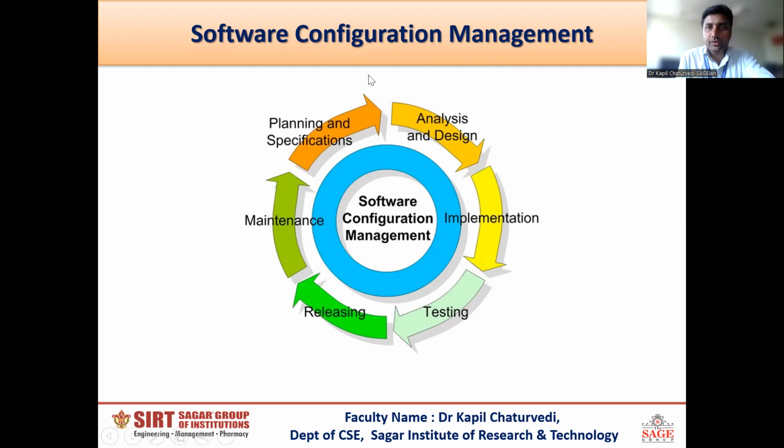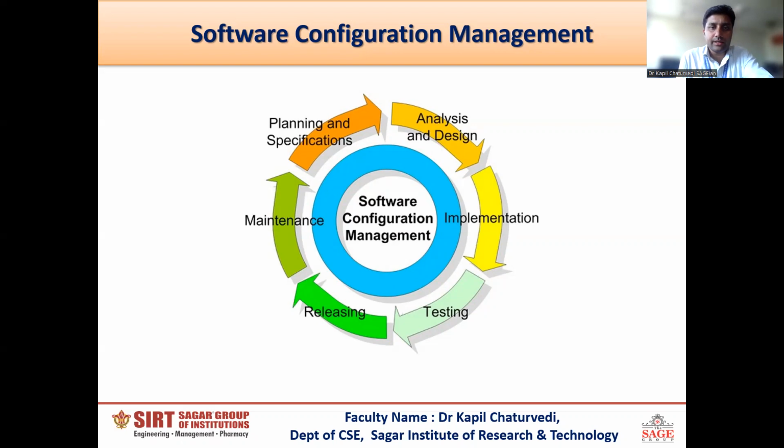So here the topic is software configuration management. If you have to manage the configuration of a particular kind of software, like hotel management, college management, banking software, or any web application, then you must focus on these things. You know the steps of the software development life cycle: analysis and design, implementation, testing, release and maintenance.